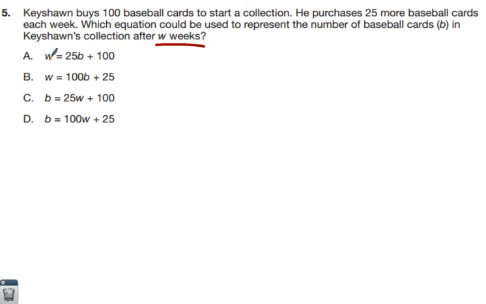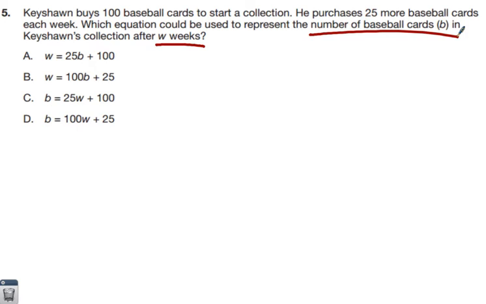And the b variable is a number of baseball cards. So considering that we start with 100 and we purchase 25 more baseball cards each week, okay? So 25 cards every week.